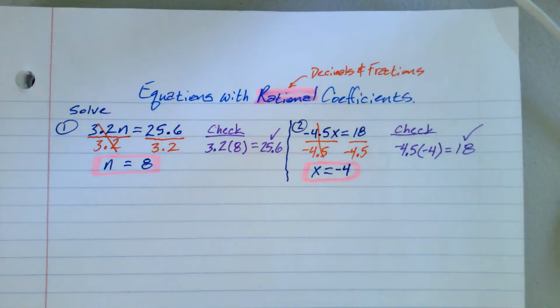When you have decimals, you could do those all day. Okay, so where it gets a little trickier, and it always does, just because we're out of practice with it, is when we have fractions.